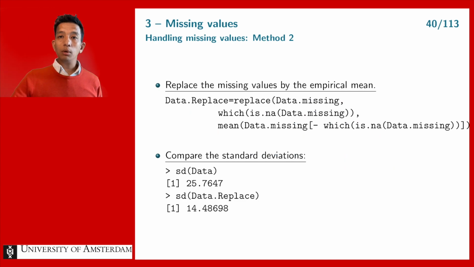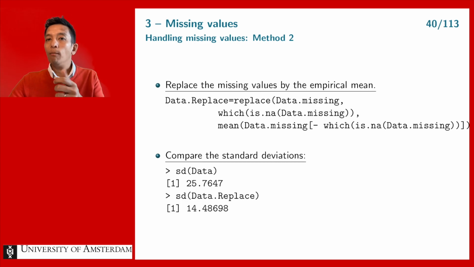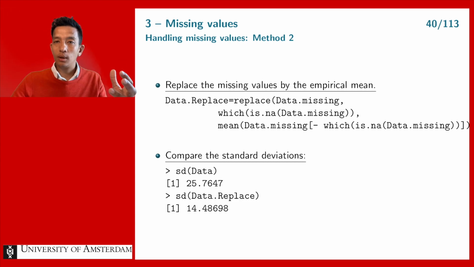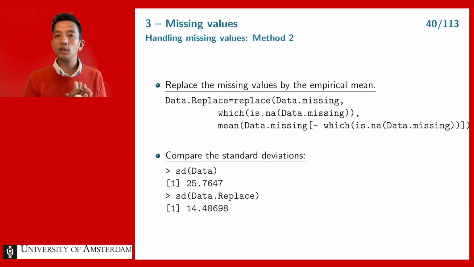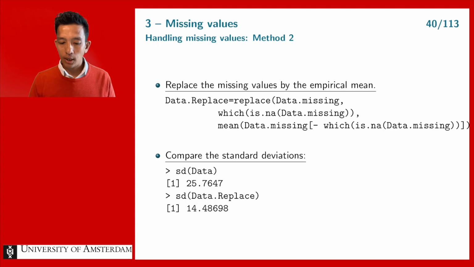All right, so the problem with method 1 is that your estimates, when you remove the missing values, become unstable if you have too many missing values. Which is something that I hope you know, that if you calculate, for example, a mean, then your prediction of the mean becomes better, more accurate if you have more data. If you take a mean over a very small sample, it's not that meaningful anymore.